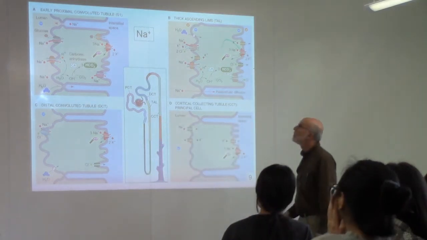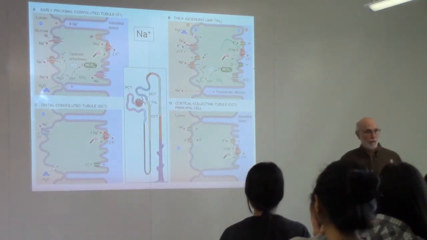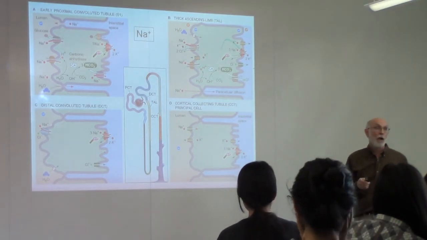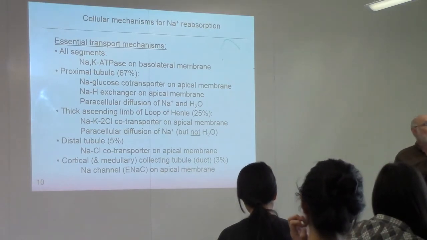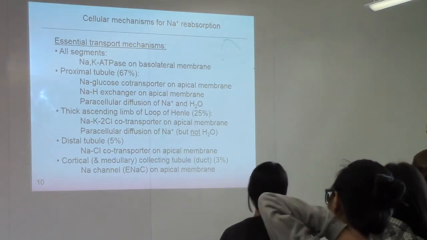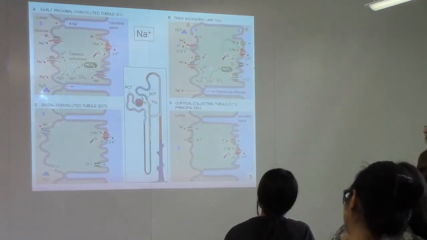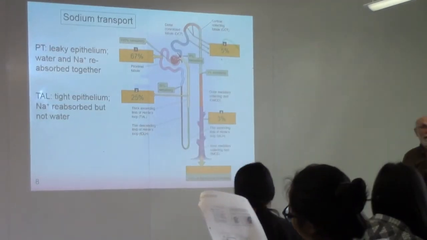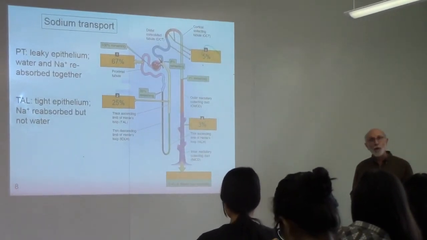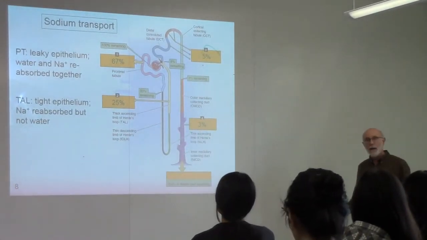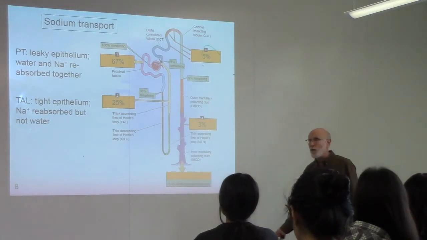We have to know which side is which, so I'll try to remind you of that. Then there will be the words that summarize. You have the words and you have the cartoons, so let's focus on the cartoons. Here is the overall story of sodium reabsorption in the nephron.